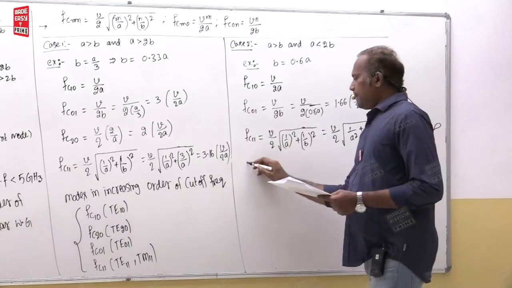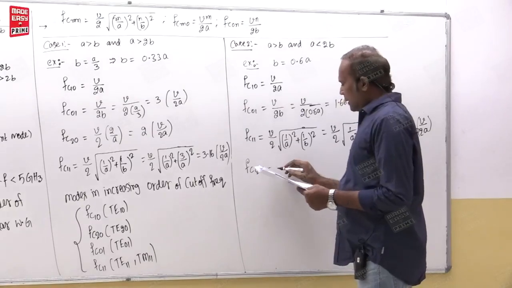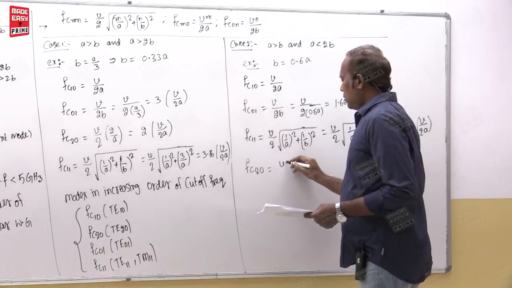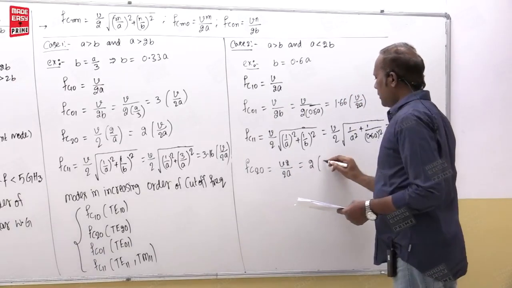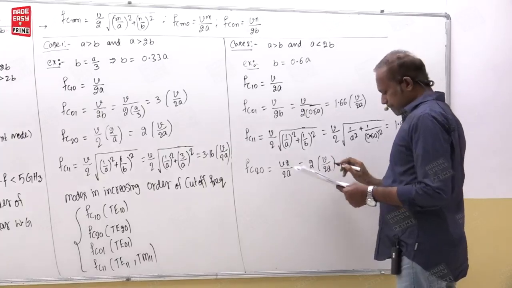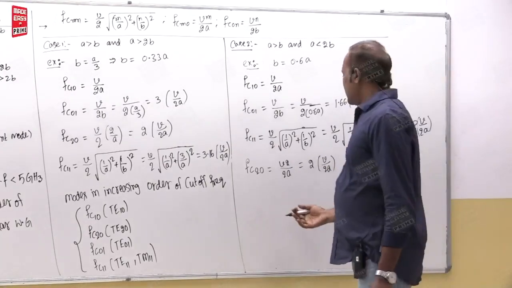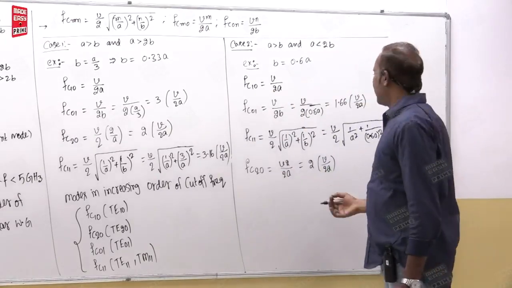Next, FC20 you will calculate, in this you substitute. So V into 2 by 2a, that is nothing but 2 times V by 2a. So you can calculate like this, students. So the first 4 modes are more than enough. That's why I am stopping there.